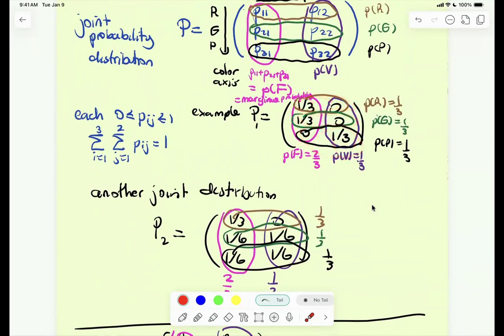So you could have different joint distributions that give rise to the same marginals, because the marginals are killing off information. So you need to make extra assumptions about the joint distribution so that the marginals can determine the joint distribution itself, like the independence assumption. That's where independence comes in.